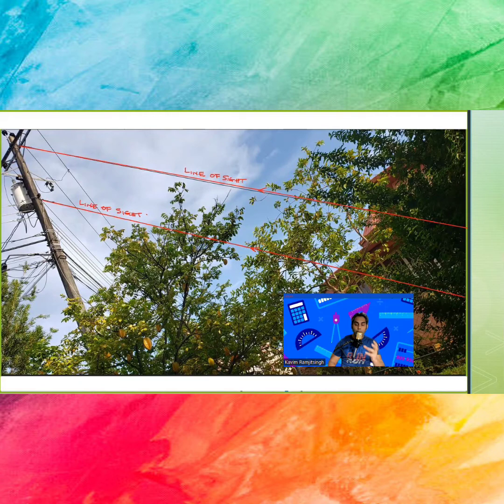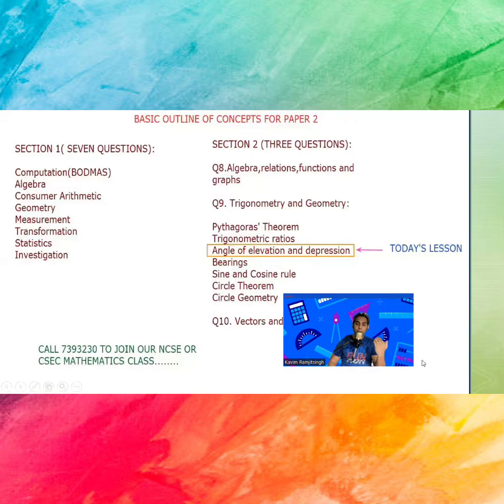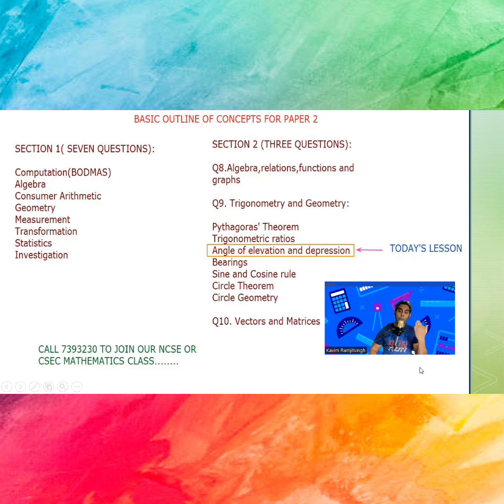And this comes after certain concepts like Pythagoras' theorem and trig ratios, because angle of elevation and depression is an application of your trig ratios, right? So what you're seeing here now is the basic outline of concepts for your paper two, right?